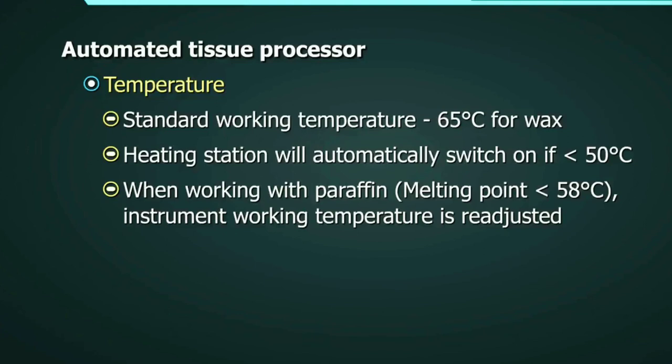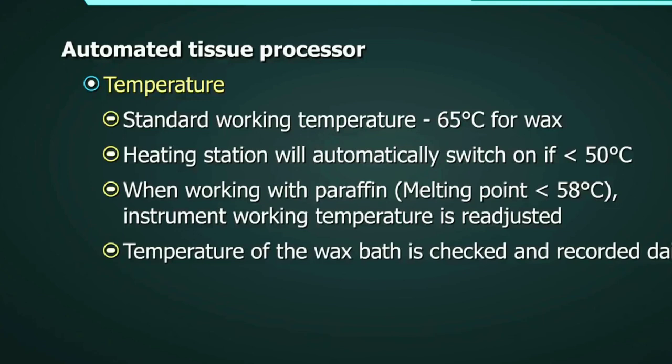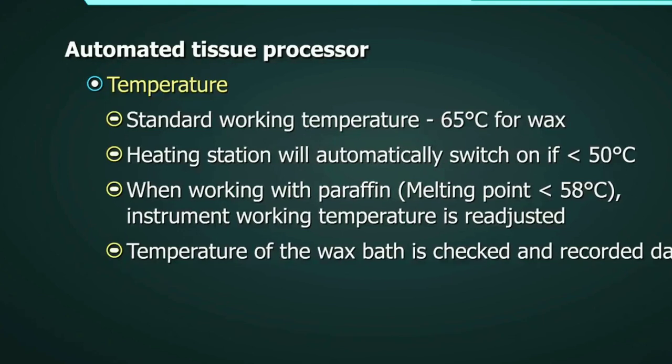If you find that the paraffin does not melt completely after lowering the working temperature, slightly readjust. Resetting after excess temperature shutdown should be clearly understood as per the manufacturer's instructions. Temperature of the wax bath must be checked and recorded daily.